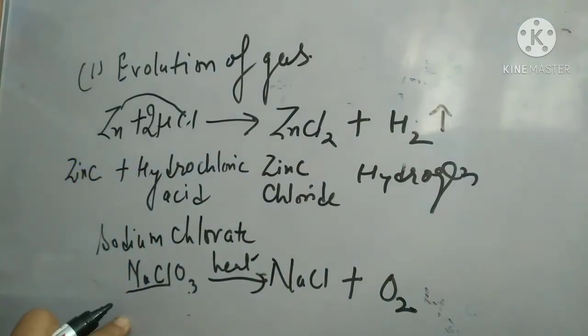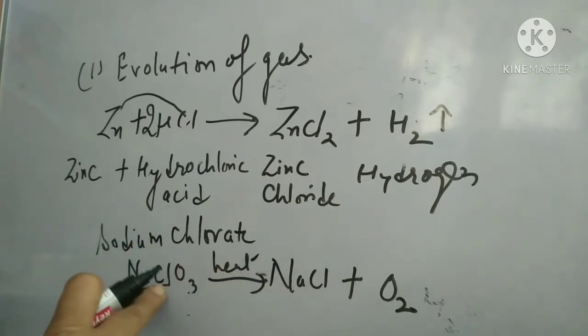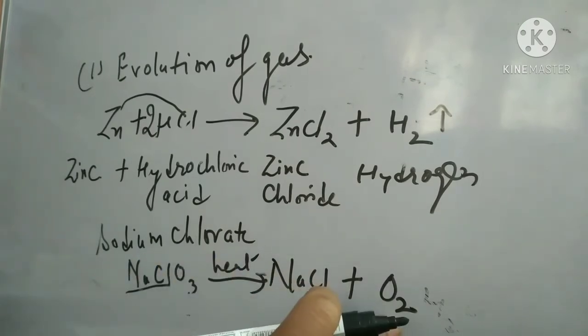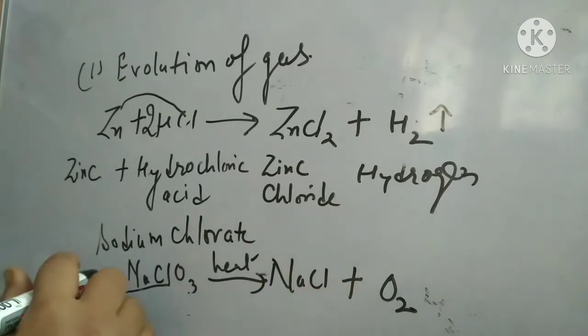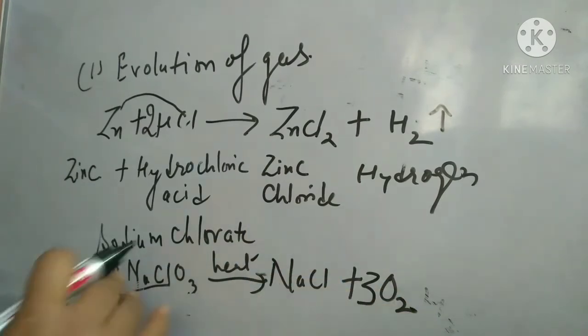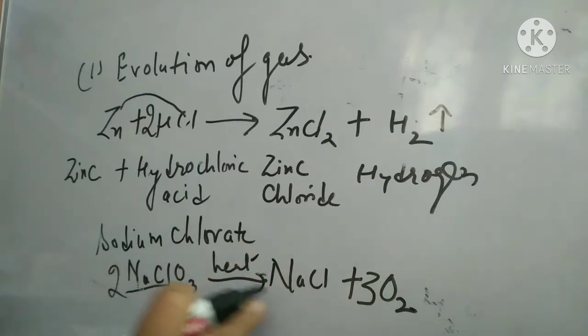Now the balancing part: 1 atom of sodium, 1 atom of chlorine, here 3 atoms of oxygen and here we are having 2 atoms of oxygen. So for balancing it, we will be putting 2 over here and this 3 we will be putting over here. So now the equation is perfectly balanced and we can see that the reaction is ending with the formation of oxygen gas.